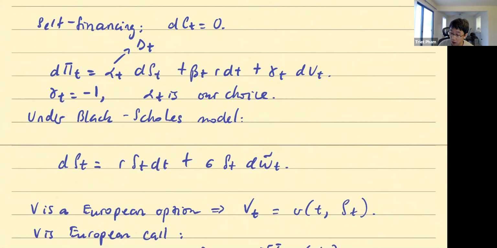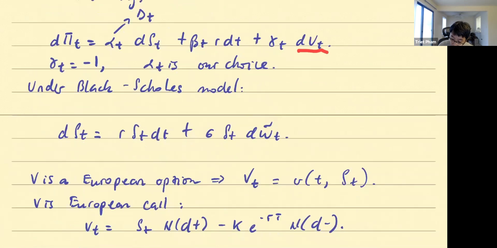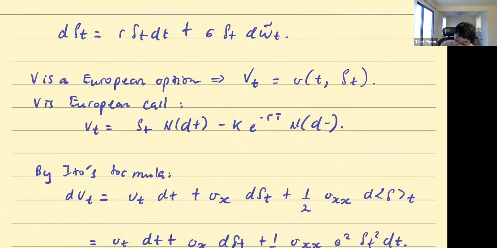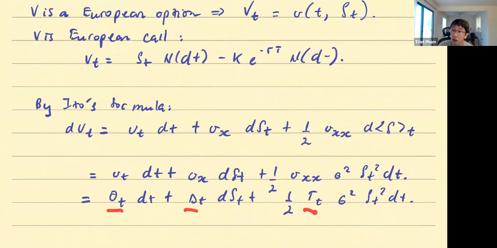And then our claim is this, that you as an investor know everything about how the stock price will change. You know how the derivative will change because you know the derivative theta, delta, and gamma. Now, of course, that's a lot of work to figure out in real life, but theoretically, you know these quantities because you know the payoff function.